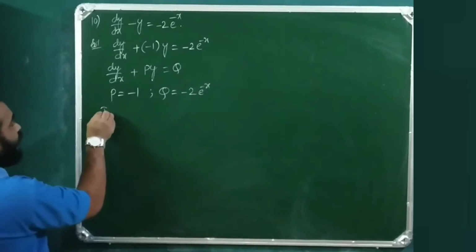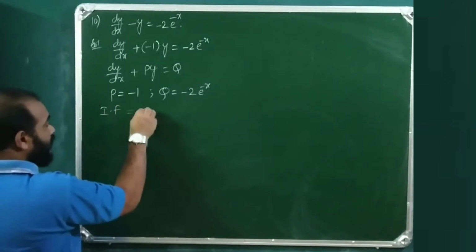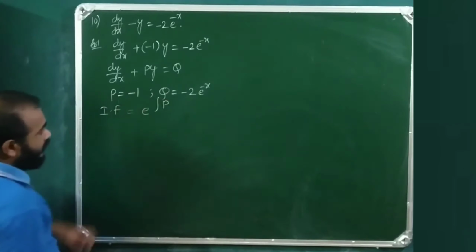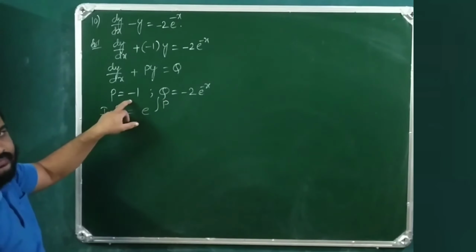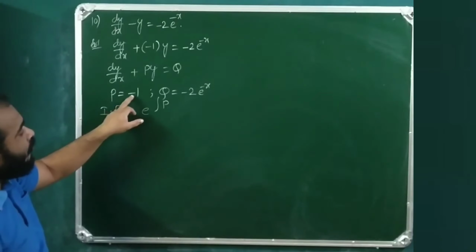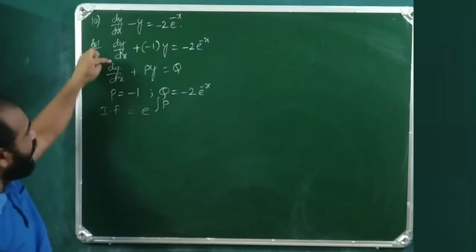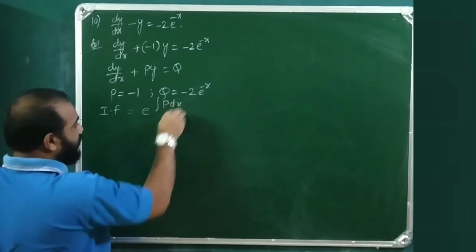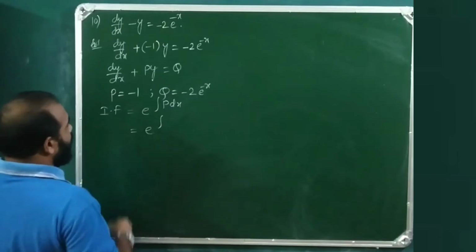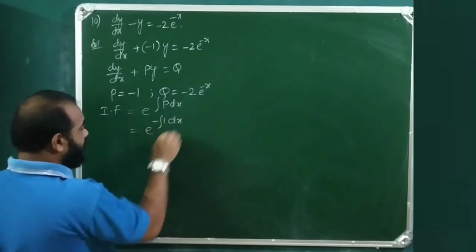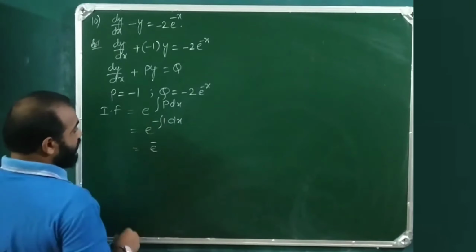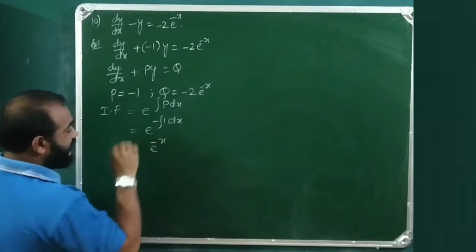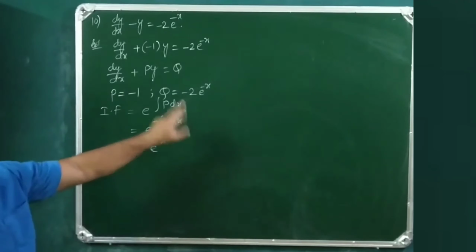So the integrating factor is e power integral p dx. So e power integral of minus 1 dx, so e power minus x, since integral 1 dx is x.